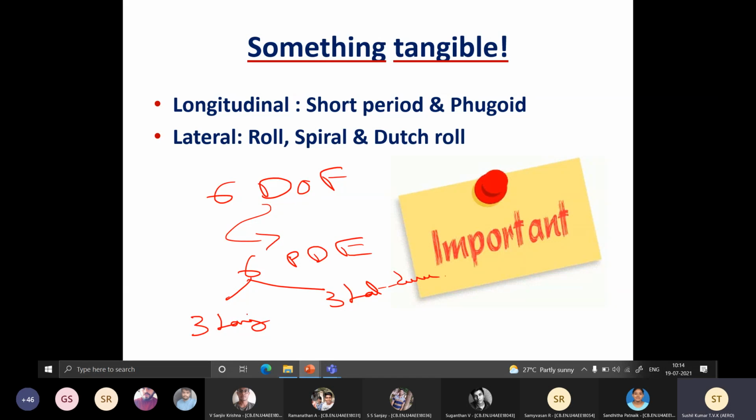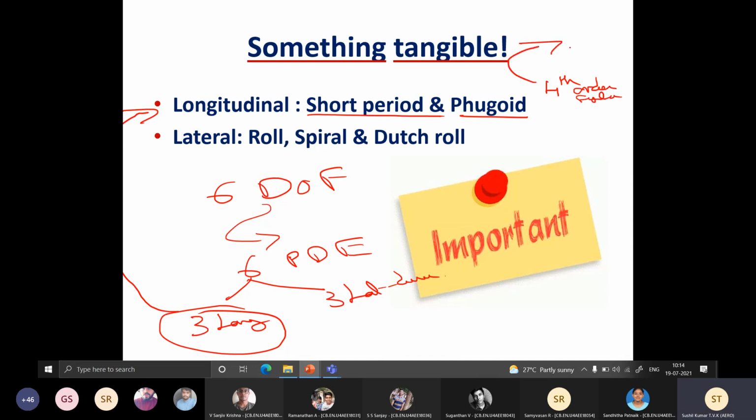The longitudinal equations will result in 2 modes called short period and phugoid. This is represented as a fourth order system, which will have 2 second order systems, one for short period and the other for phugoid.